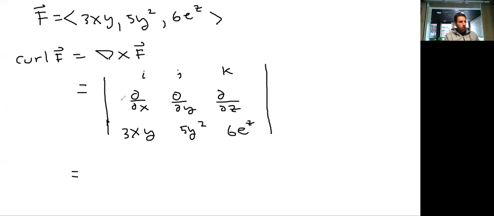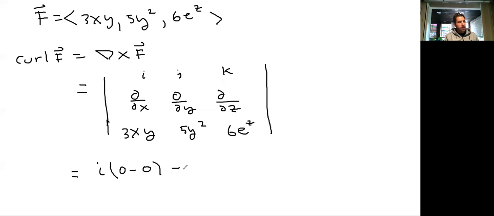All right, so what are we going to do? You cover up the first row and the first column, and you take that determinant. So I have i times, well, this guy doesn't have a y in it, so I get 0. And this guy doesn't have a y or z in it, so I get 0.